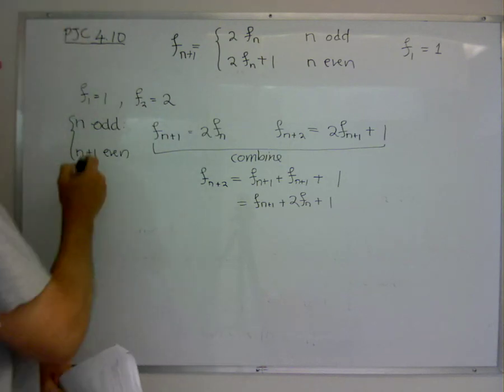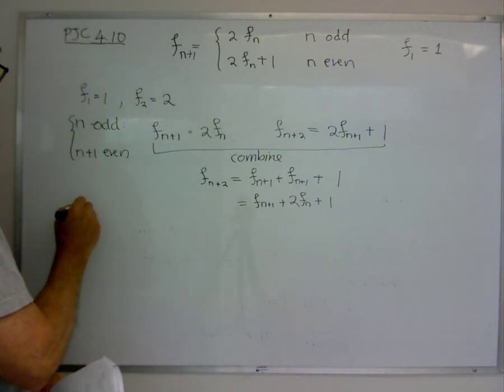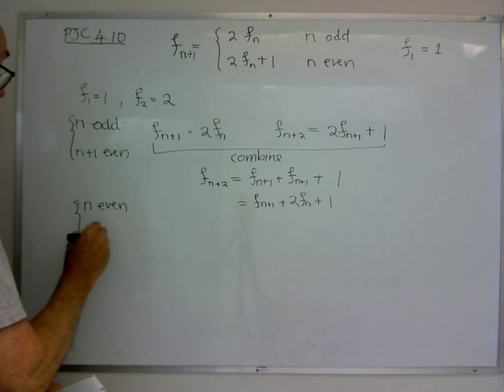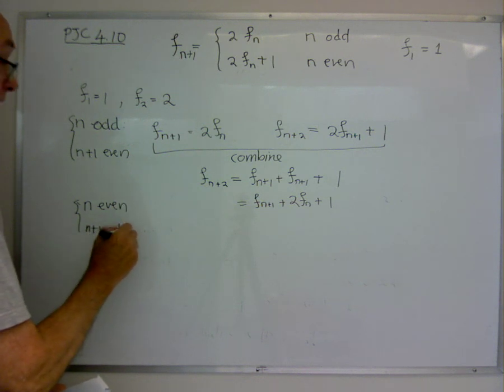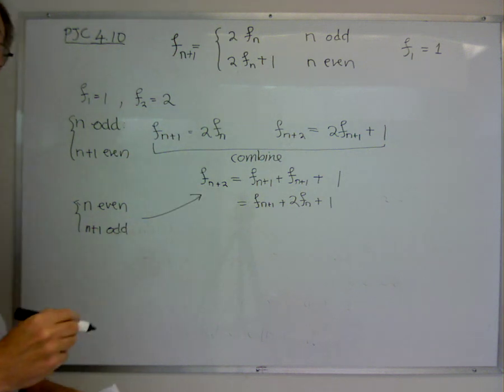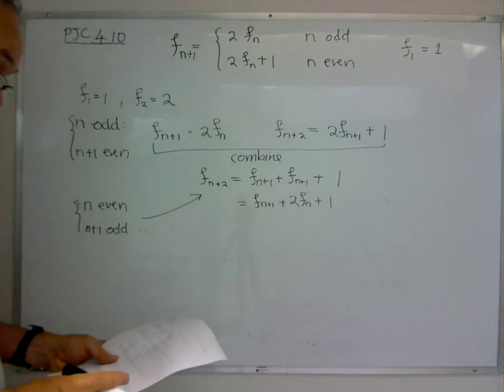Now you can do the same now. You have n even and then n plus 1 is odd. And you repeat this argument and it gives you exactly the same recurrence, right? You get the same again.